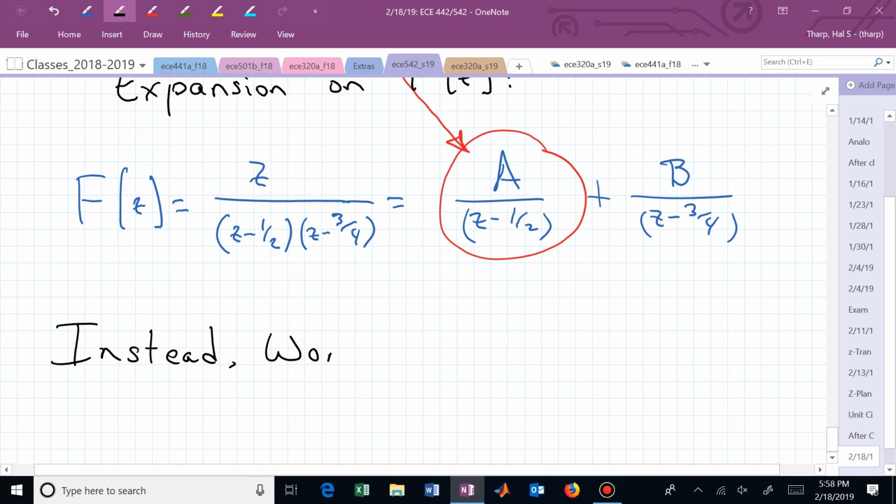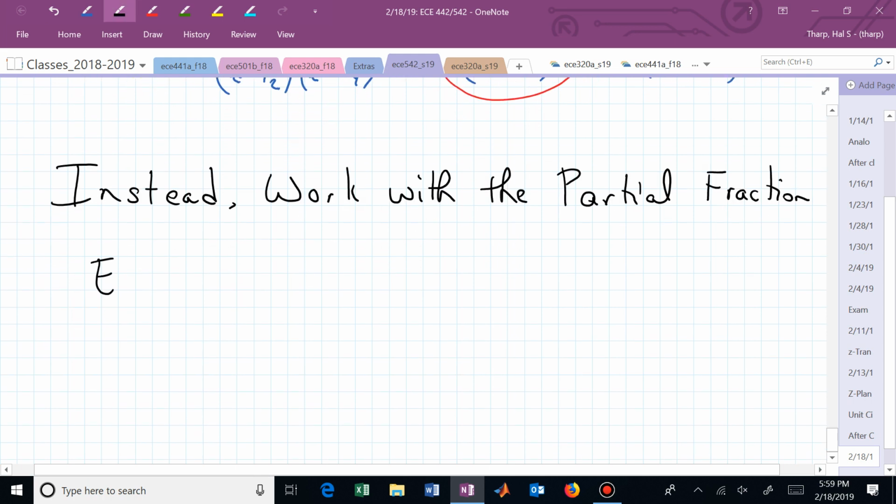work with the partial fraction expansion of f of z over z.